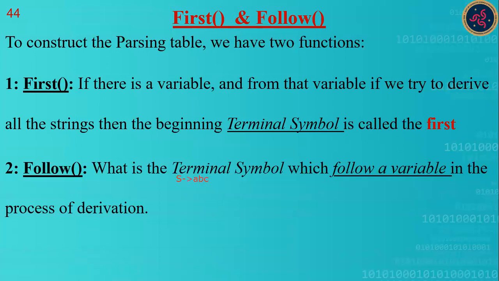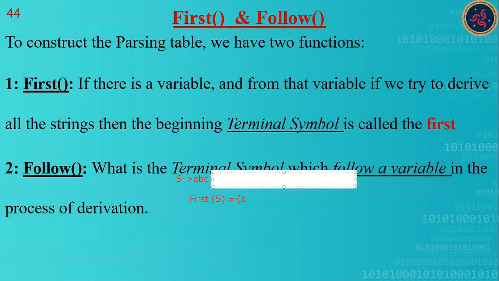So we can write first of S is equal to A. Suppose you have another production, S gives ABC. Since the first symbol is a terminal symbol, you can directly take that symbol as the first.